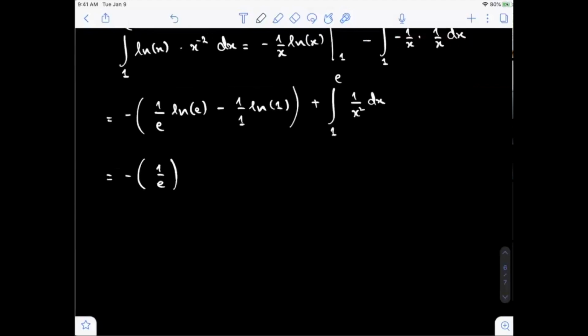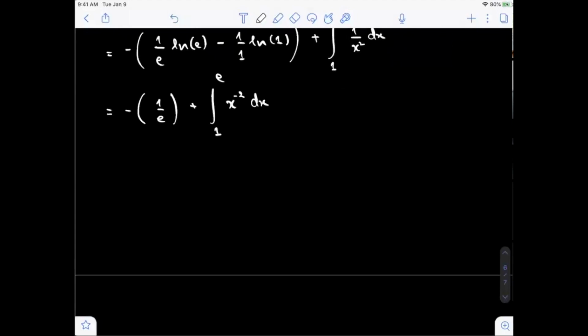Now for the second term, the integral, I rewrite 1 over x squared as x to the negative 2 dx, so it's easier for me to evaluate the integral. So this gives me negative 1 over e plus x to the negative 2 plus 1 divided by negative 2 plus 1, evaluated at 1 and e.